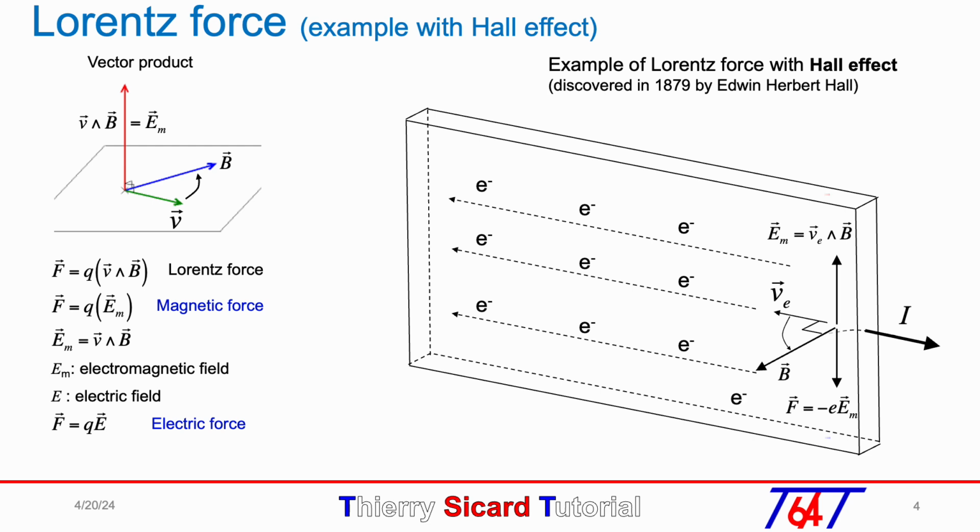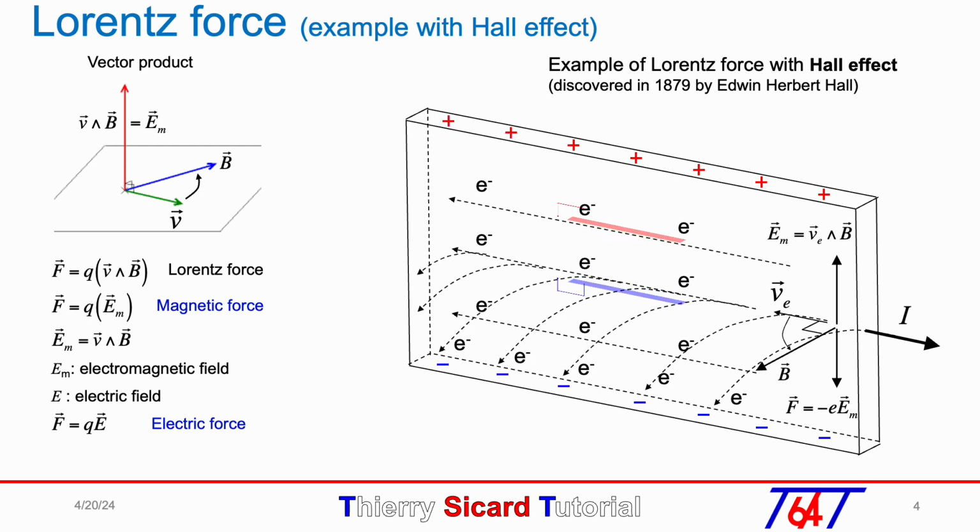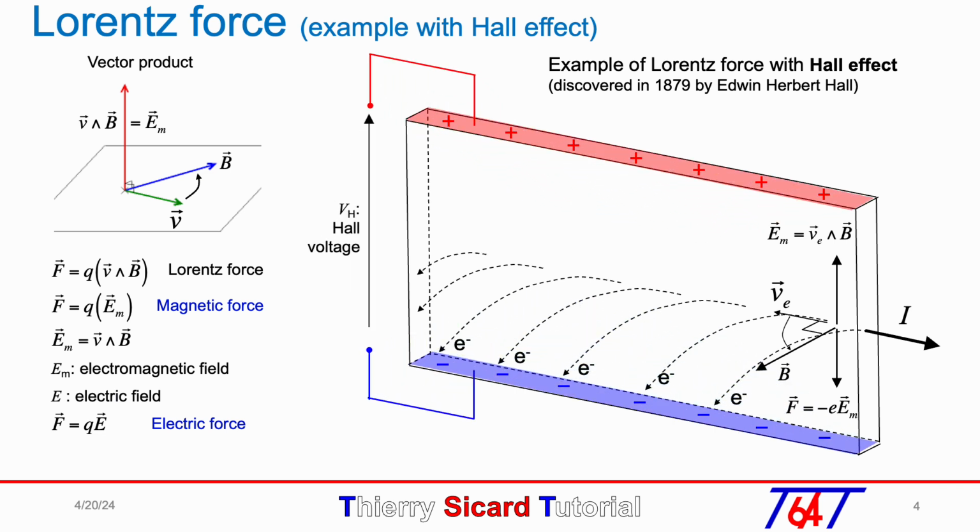The electron going horizontally from right to left side will be pushed down and will generate a potential voltage difference called Hall voltage. The total force applied to an electric charge is the electric force plus the magnetic force, called the electromagnetic force.